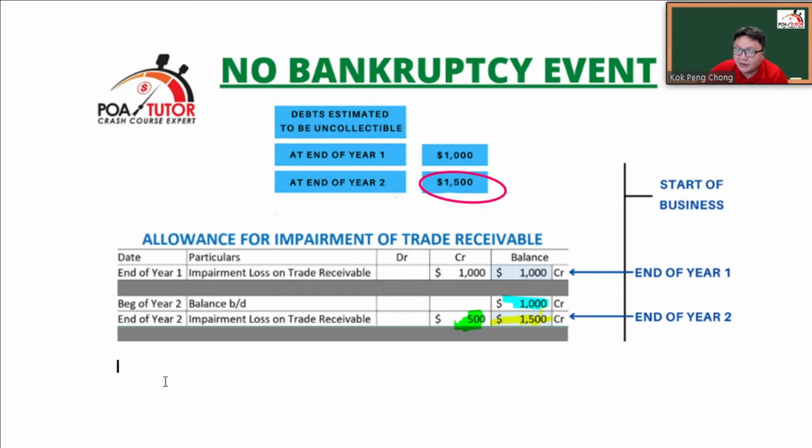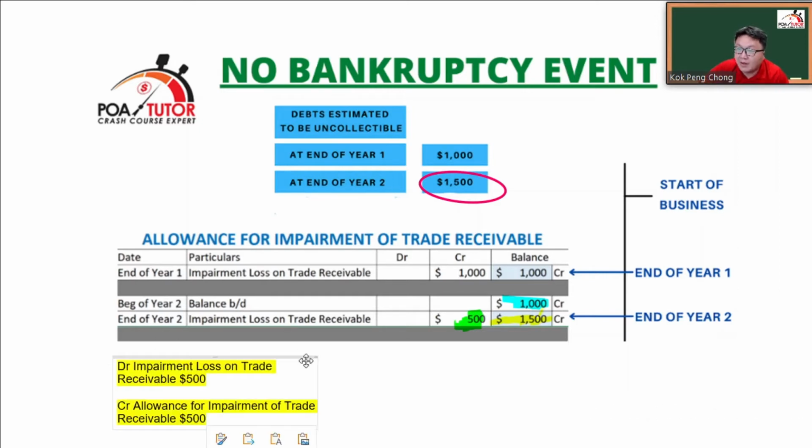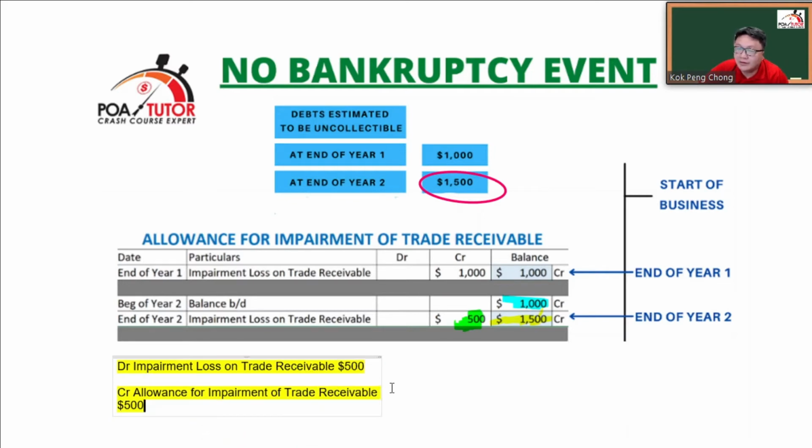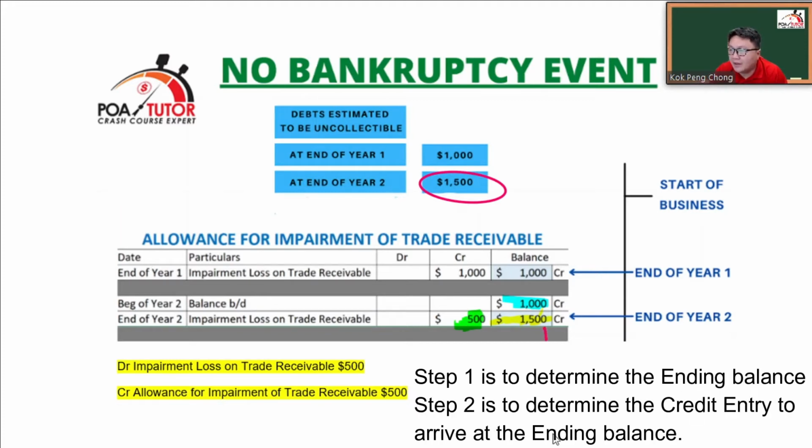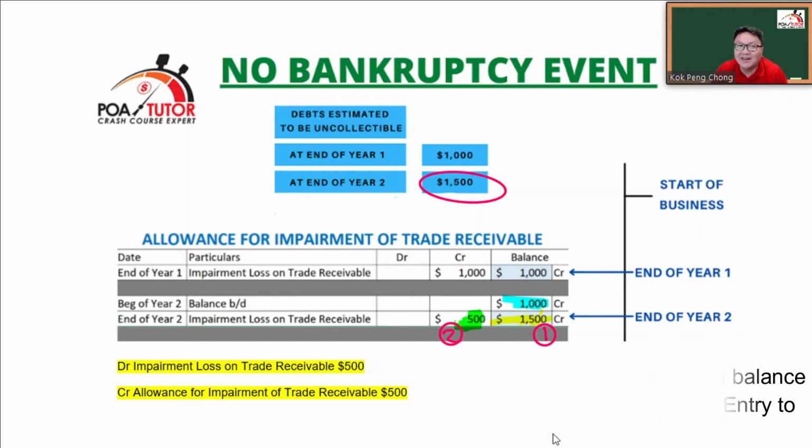The double entry will be debit impairment loss on trade receivable 5 and credit allowance 5. So again, step 1 is to determine the ending balance of 1005, and step 2 is to determine the credit entry of 5 to arrive at the ending balance.